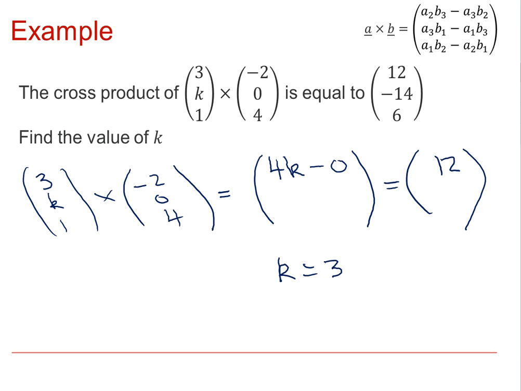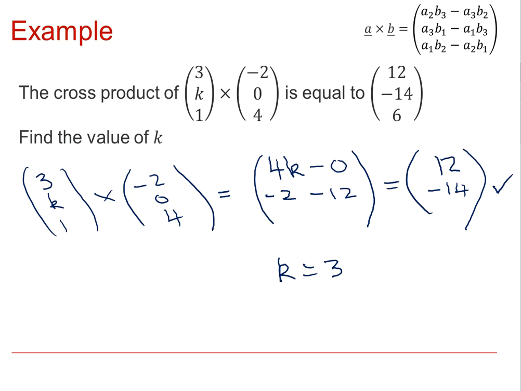If we wanted to double check, we know that we are expecting the y component to be -14, but that's not going to involve k because it's going to be -2 minus 12. But at least we've checked that we're working out our vector product correctly. Instead of using the x component, we could have either used just the z component, or we can use the z component to check that k is indeed 3.